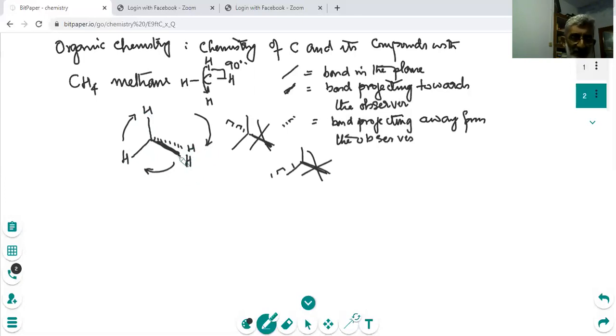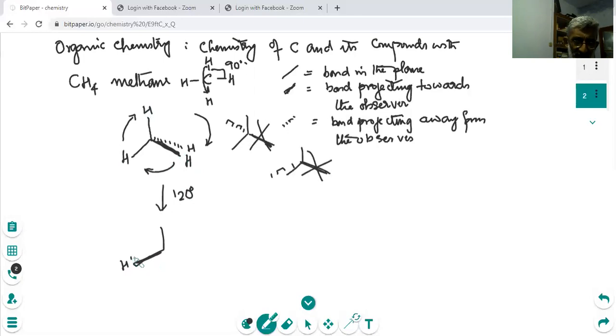Sorry, 120-degree. Rotate clockwise 120-degree. How will it look like? See, this bond will come here, and this hydrogen will come here. But this will not change.